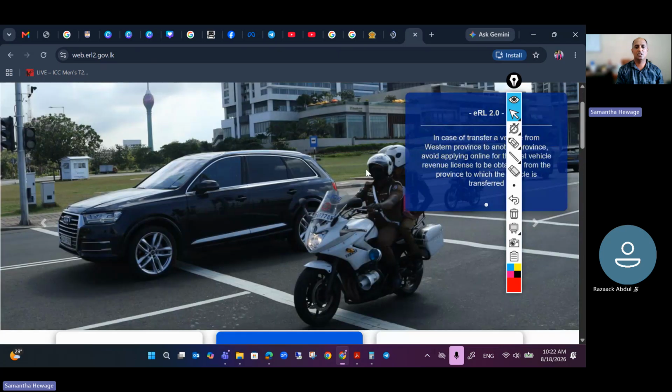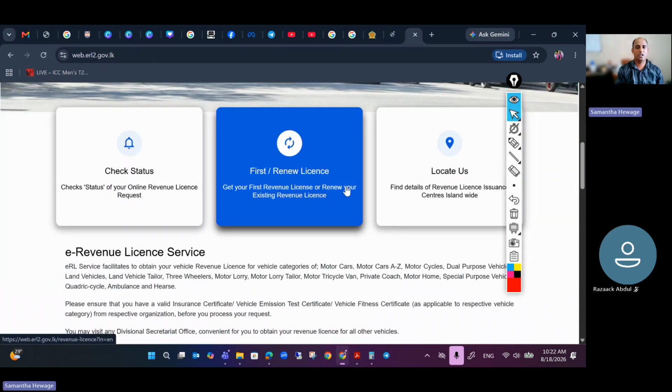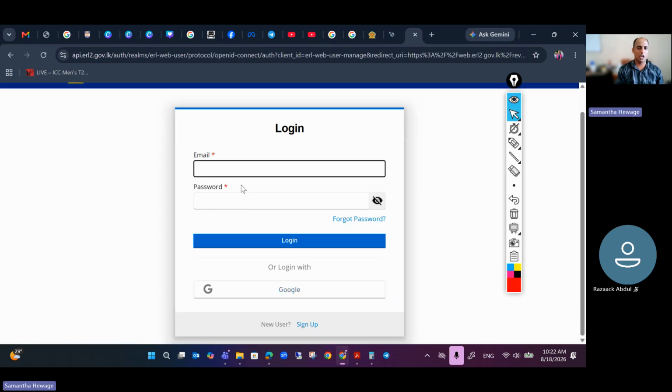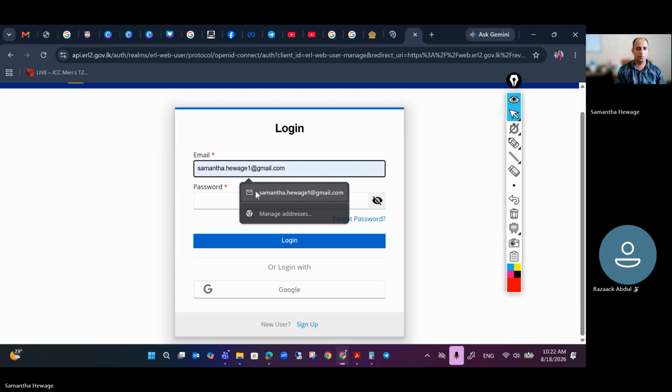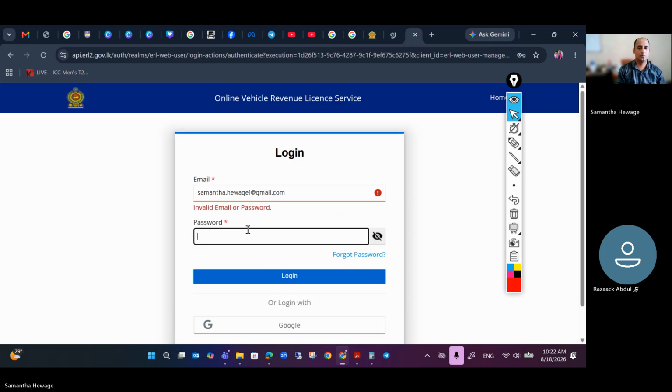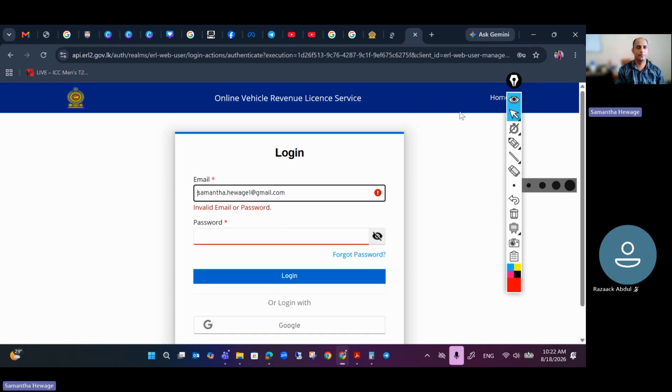So you can see check status, first or renew license. So you should have a login. You have to put, let's say, I forgot my password.